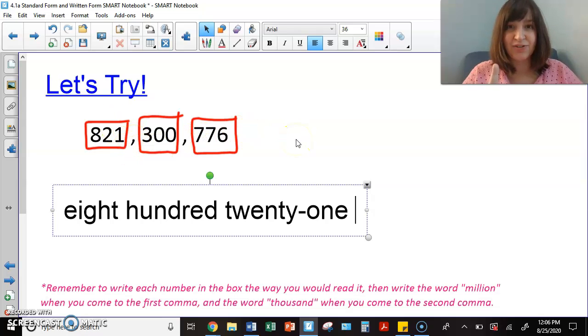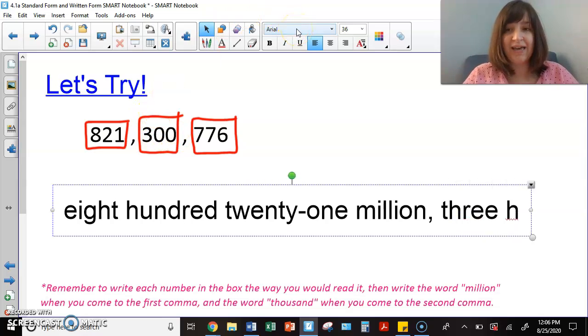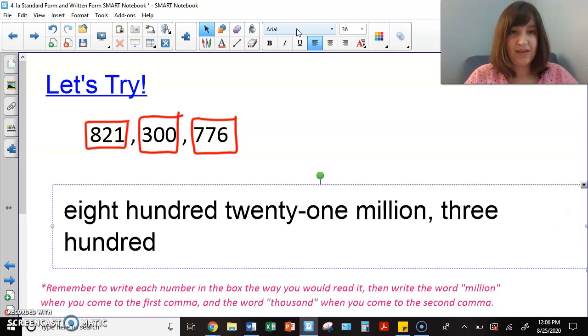Then I get to this comma. This first comma says million. So I'm going to type the word million and then I'm going to put a comma after it because my million had a comma there. This next number in the box is 300. I'm going to write it the same way I say it. Then I get to my next comma. That comma says thousand.